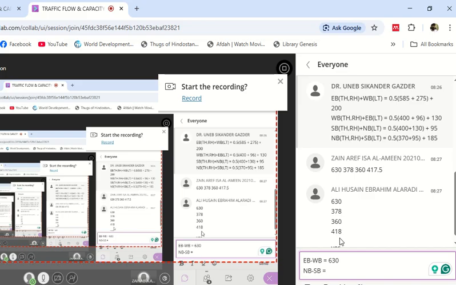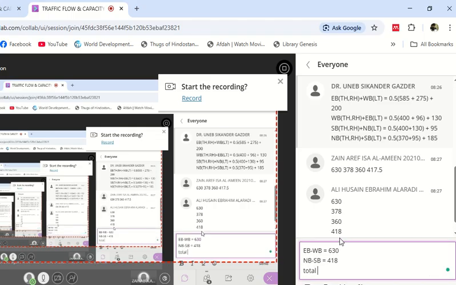Again, which one is more critical? This one is more critical. So the total volume on the intersection, which you can pass in 4 different phases, is the total of these two, 630 plus 418.